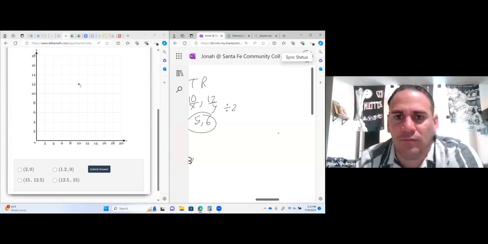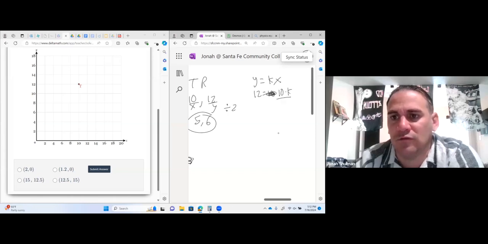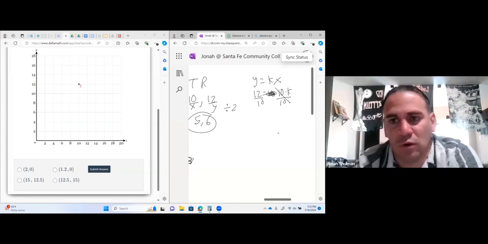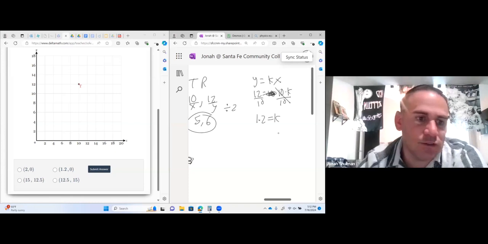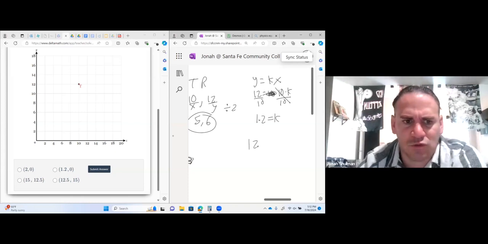So here we go. Y equals KX. So 12 equals 10 times K. Divide by 10. And 12 divided by 10 is 1.2. So I have 1.2 equals K. So let's see if it works. I'm pretty sure it's going to be D. Sorry, I put the y in the wrong place.